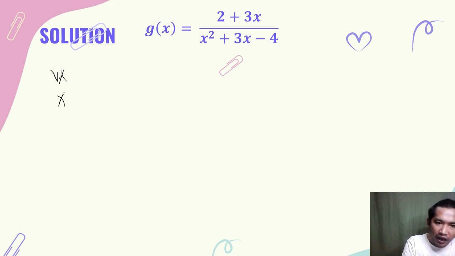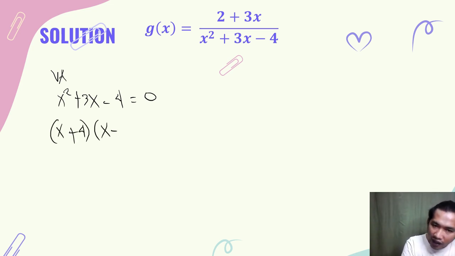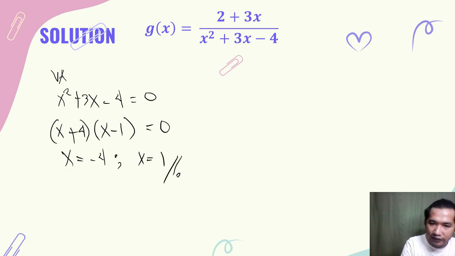That is x squared plus 3x minus 4 is equal to 0. As you can see, it is factorable, and its factor is x plus 4 and x minus 1 is equal to 0. So we have two values of x, that is x is equal to negative 4, and x is equal to positive 1.